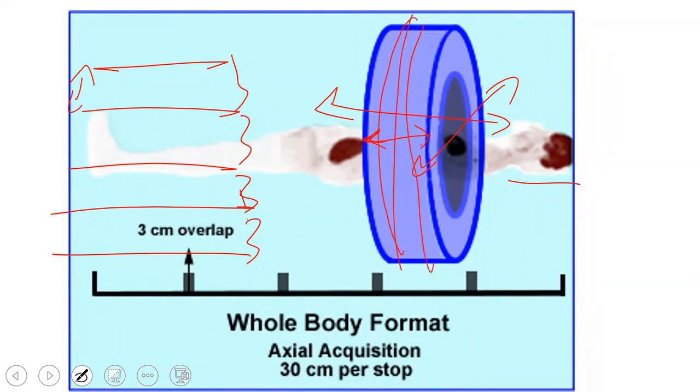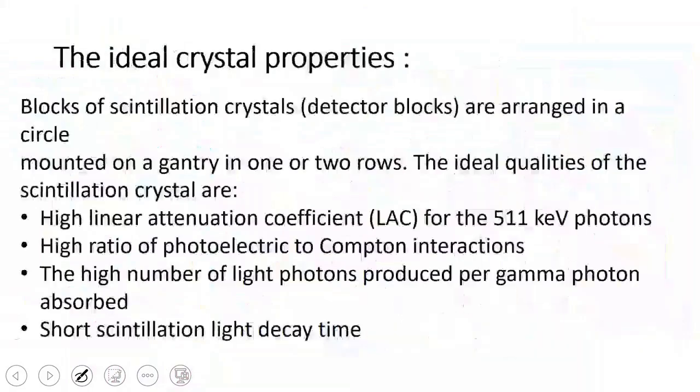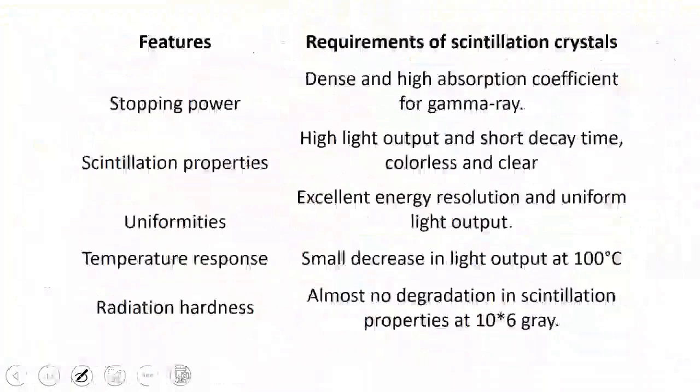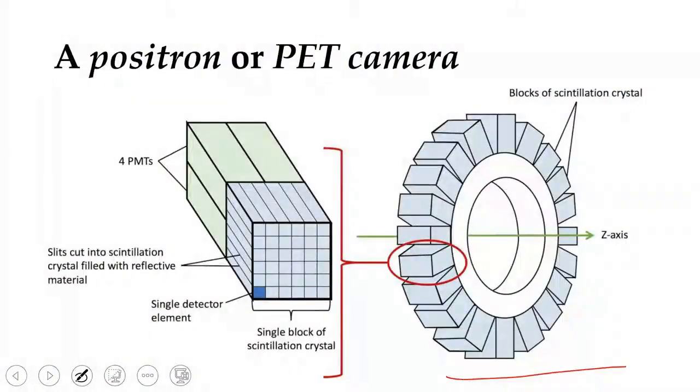You see this view. This is your ring. This is one ring. And this square or block that you see here is called a block. This is where the crystal is. And behind it are the photomultiplier tubes. The shape of the squares you see here is the crystal element. They call it elements.